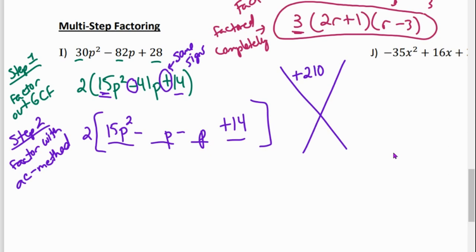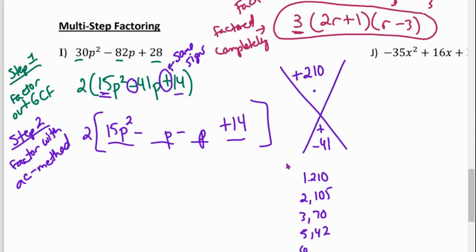So a little bit bigger of a number, but that's okay. We have a method of finding our two numbers. We do need to get a negative 41 in the middle. So if you can't think of the numbers off the top of your head, make a list on your own. 1 and 210, 2 and 105, 3 goes into it 70 times. 4 does not, you can't divide 210 by 4, but you can divide it by 5. 210 divided by 5 is 42.